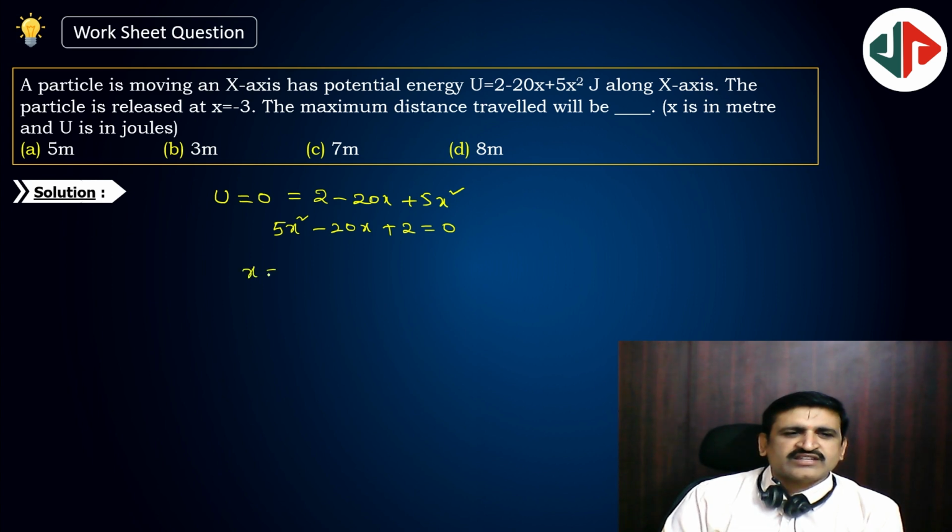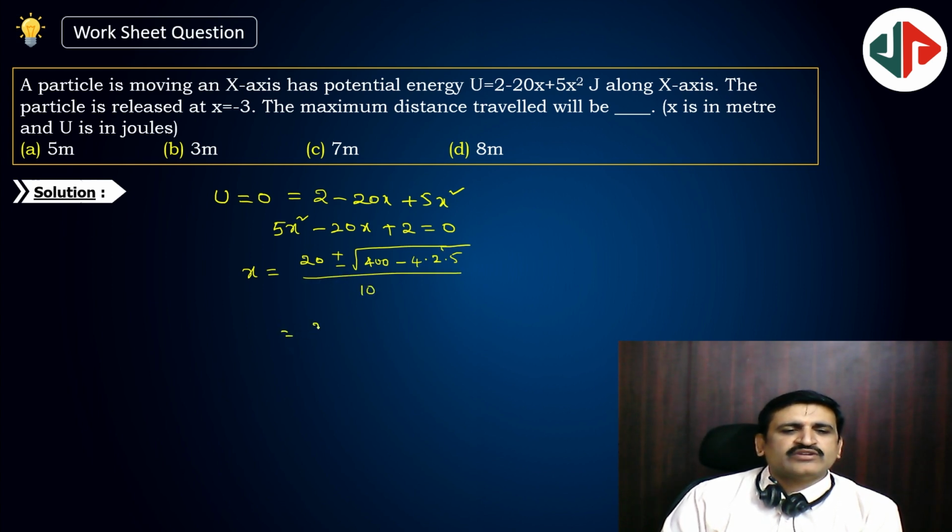So x is equal to minus b plus or minus square root of b square minus 4ac, 4 into 2 into 5, by 2a, 2 5s are 10.